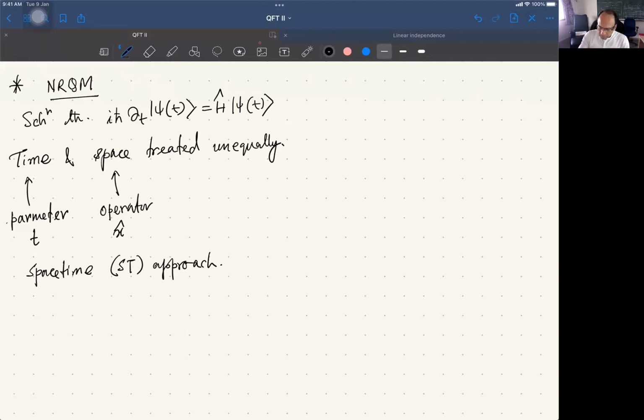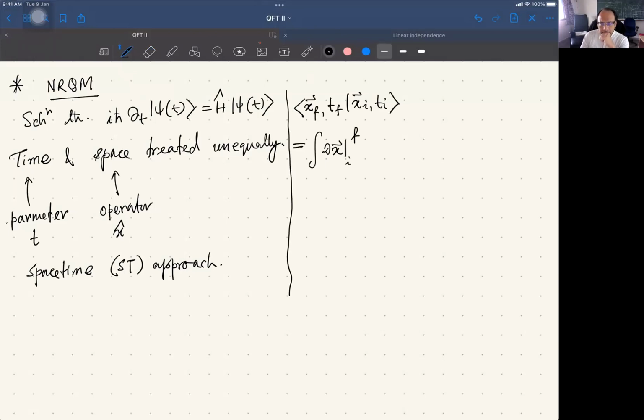On the other hand, the same quantum mechanics can be described using a path integral approach, where one calculates the matrix element, which is given by integral dx.